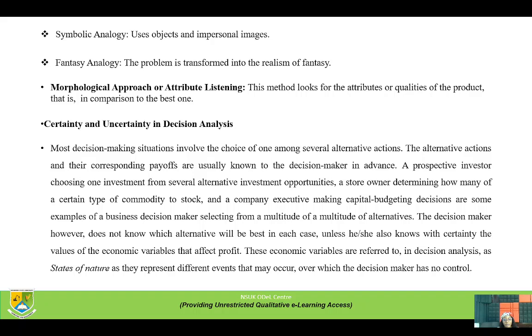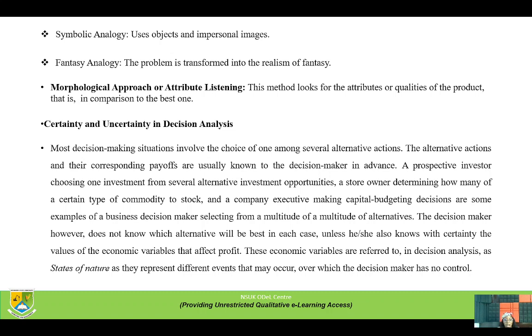A prospective investor choosing one investment from several alternative investment opportunities, or a stock owner determining how many of a certain type of commodity to stock, or a company executive making capital budgeting decisions are some examples of business decision making. They are examples of business decision makers selecting from a multitude of alternatives.